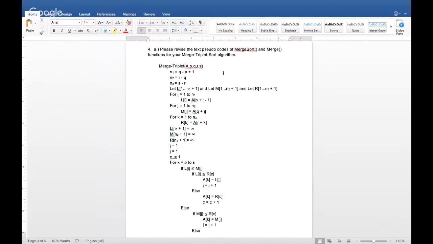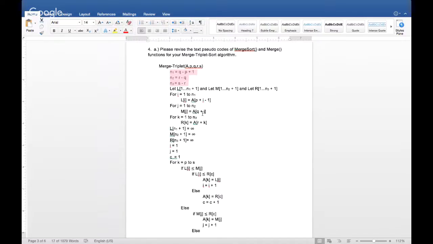as the end. So we start off and we calculate n1, n2, n3, just like the regular merge algorithm, which calculates n1 and n2.